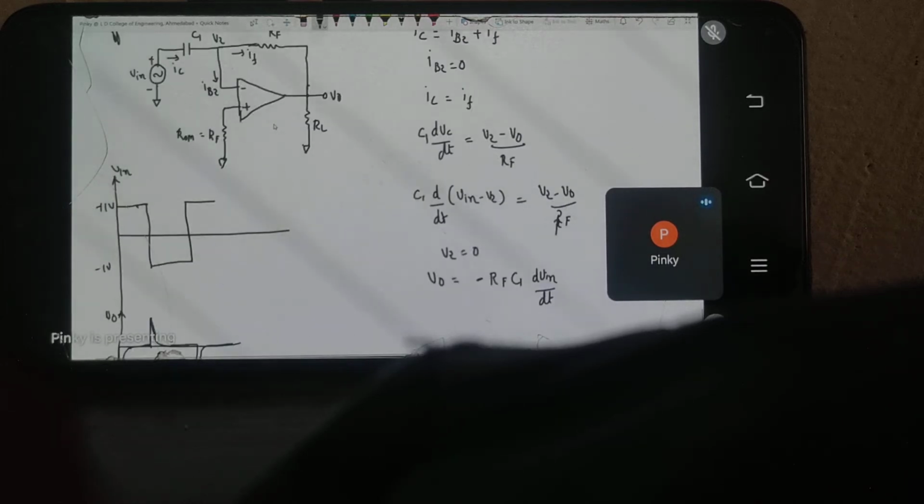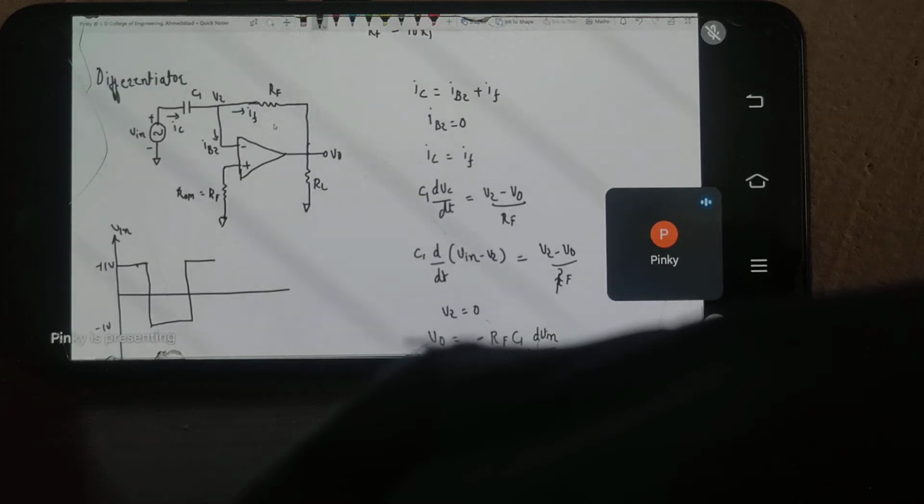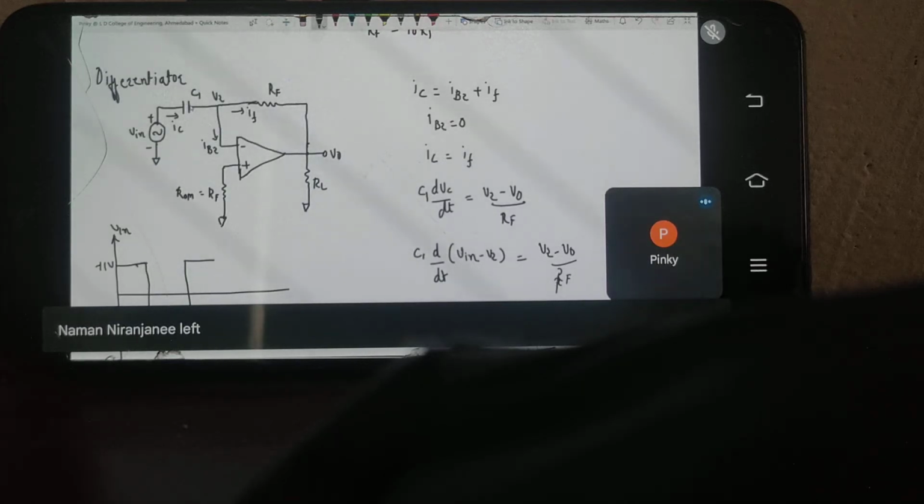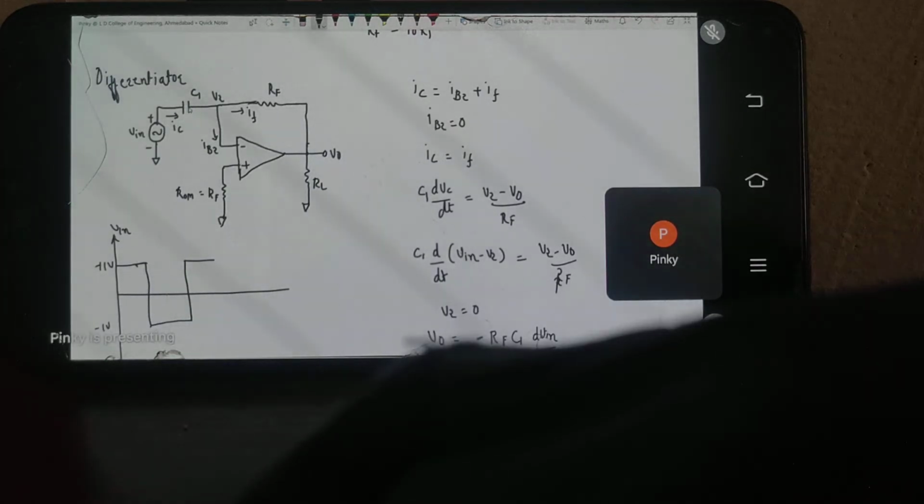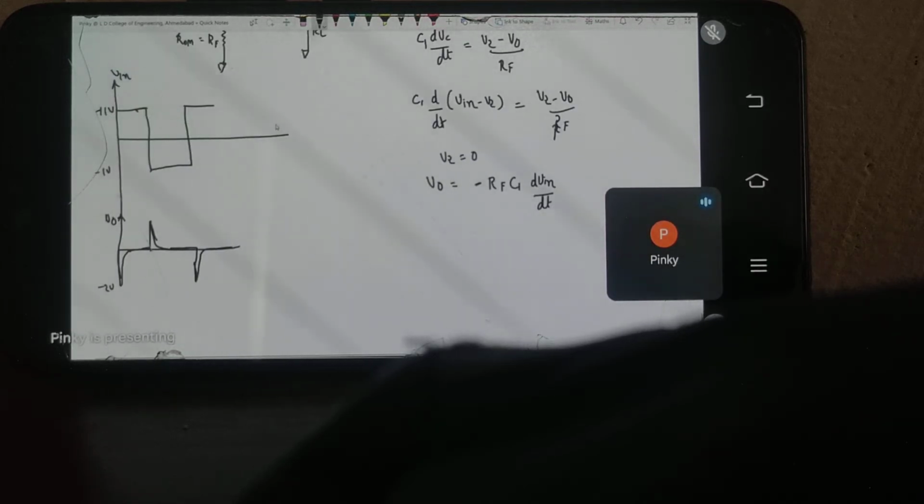If we consider the gain of the circuit, this is basically an inverting amplifier. In an inverting amplifier, if a resistor is there instead of C1, what is the gain of this amplifier circuit? Minus Rf by R. But here instead of R1, we have a capacitor.